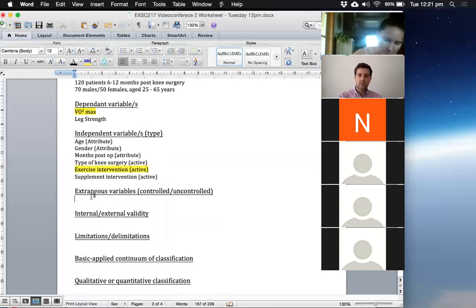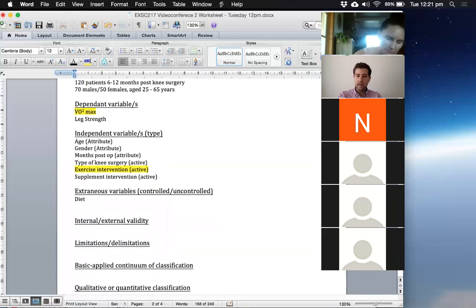Extraneous variables then would be age, gender, type of knee surgery, supplements, other diet, fitness pre-surgery, all sorts of other things, okay? So anything that could influence the VO2 max that's not the exercise intervention.